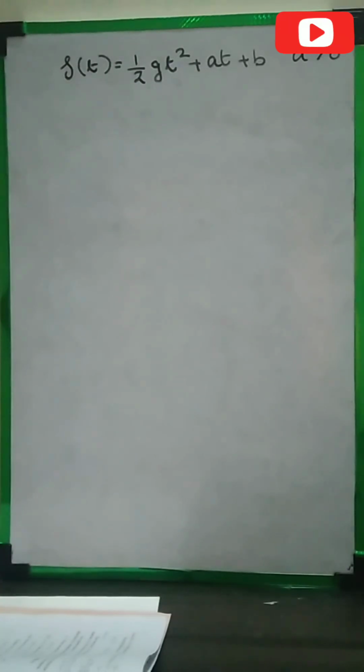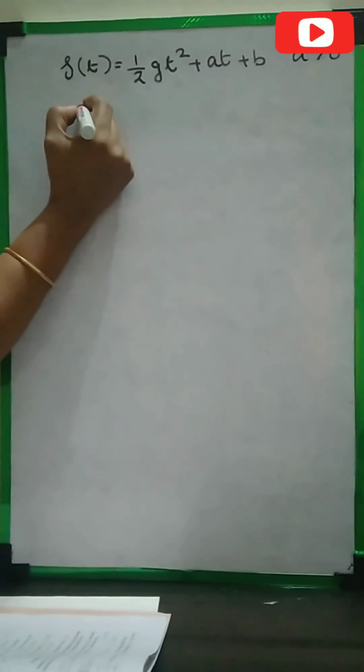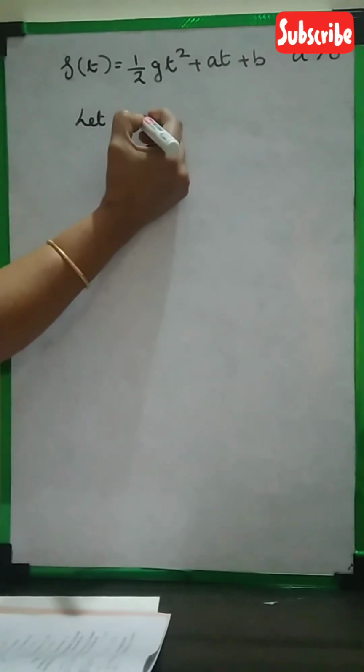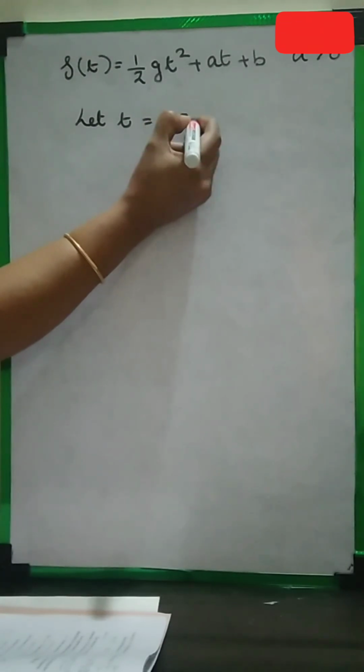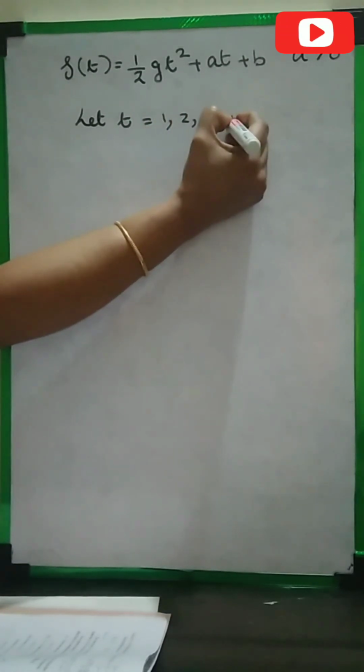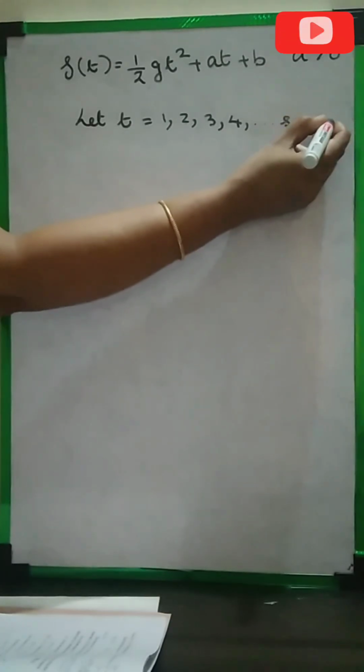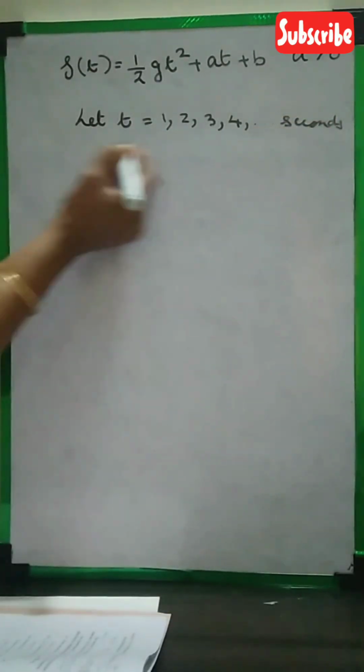Now let t, that is our time, they have given t in seconds. Let t is equal to 1, 2, 3, 4, etc. seconds. This is our domain.